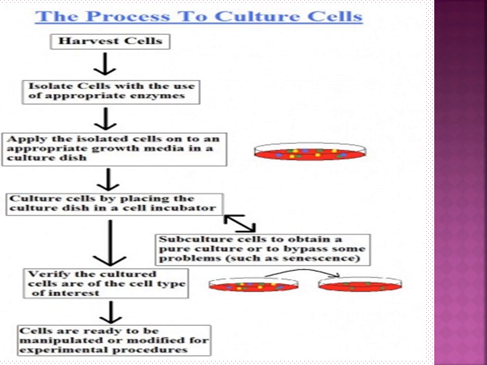Culture the cells by placing the culture dish in a cell incubator where a proper temperature will be maintained. Verify the cultured cells are of the cell type of interest, and then further they can be manipulated or modified for experimental procedures. Sometimes we subculture cells to obtain a pure culture or to bypass some problems such as senescence.